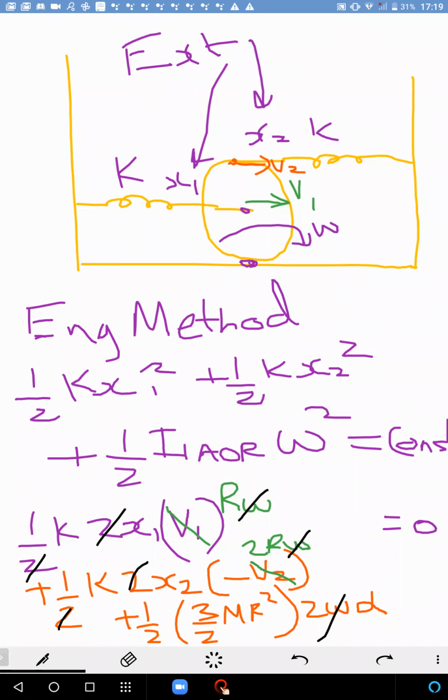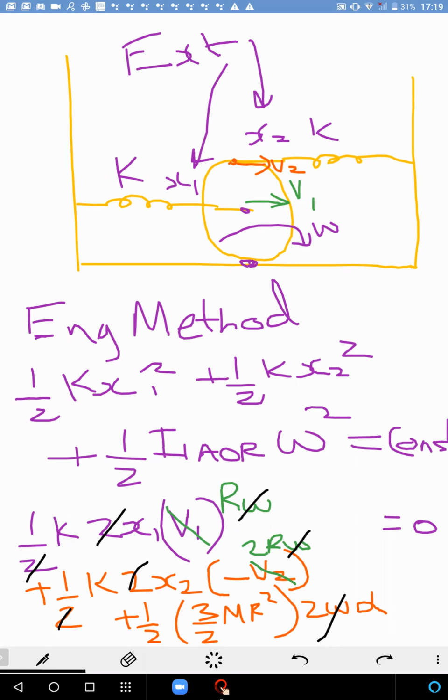I'll just check it once more. हाफ के 2x1, x1 का डेरिवेटिव v1, x1 x2 के बीच में भी रिश्ता लिखना बाकी है. हाँ, अब x1 x2, before messing this up, नहीं इतना रहने दो, ये 2's कैंसिल किया है.